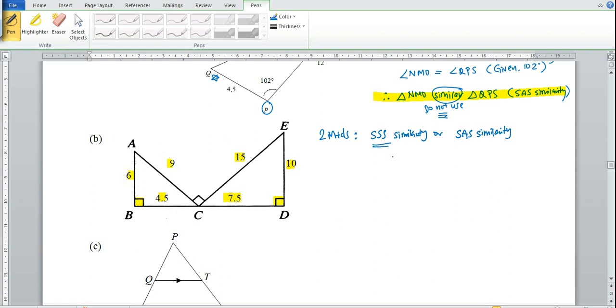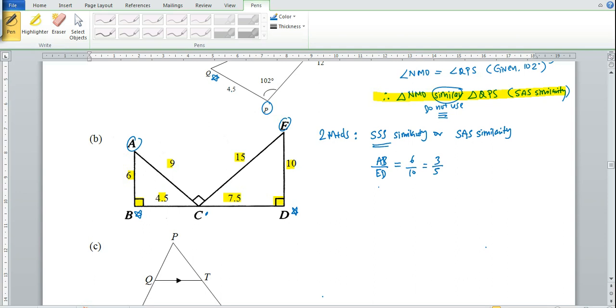So first I'm going to figure out where the corresponding sides are. This is how I label: right angle, E and A, A and C. So let's start. Length AB over length ED is actually 6 over 10, which is 3 over 5 ratio.